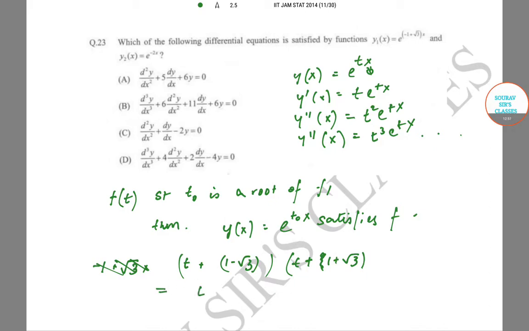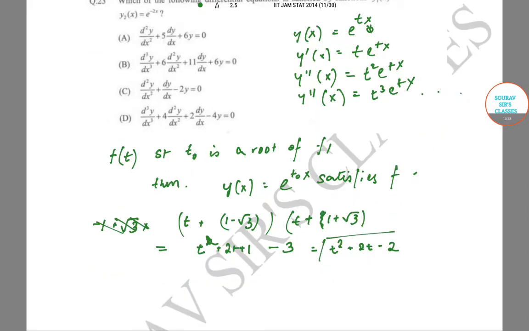That gives us t square plus 2t plus 1, which is a plus b times a minus b equals a square minus b square, so minus 3. So what we get is t square plus 2t minus 2.